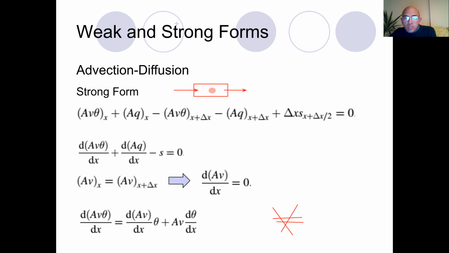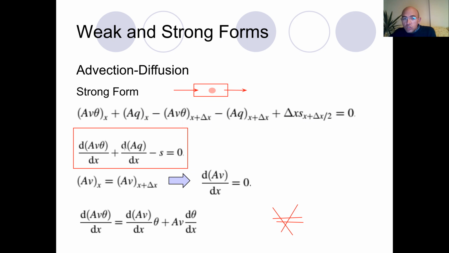So this is the differential equation which represents this problem: d/dx of (A v theta) plus d/dx of (A multiplied by the flux q) minus A S. It has to be equal to 0, sorry.